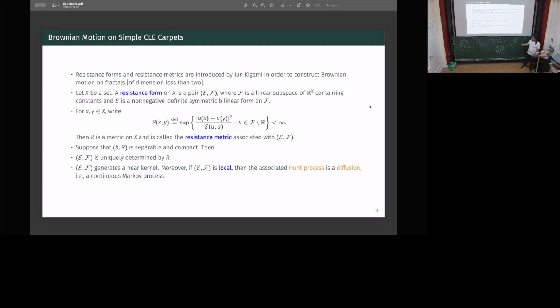And if it satisfies another property called the locality property, because you have a heat kernel, you can define a Markov process by requiring the transition density to be this heat kernel. You will get a Markov process, and if this form satisfies locality, then in the Markov process, your path will actually be continuous. The continuous Markov process, we call it diffusion. And usually, if you get a diffusion on a fractal set, we call it a Brownian motion on this fractal set.